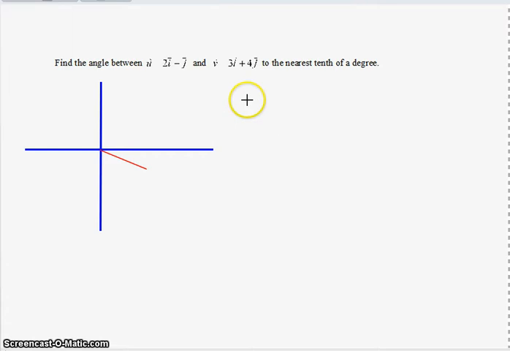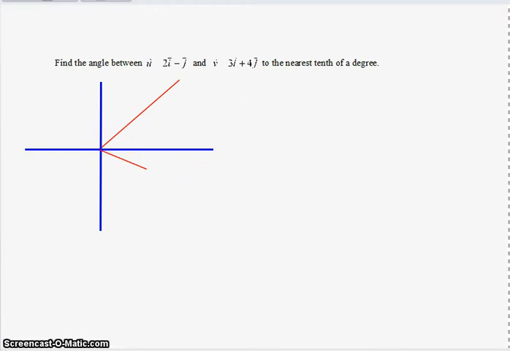That's u. And v, 3i, this is only going to be an approximation, plus 4j. So, roughly in that area. This is not to scale, but you know.